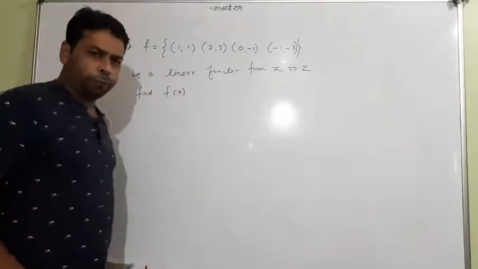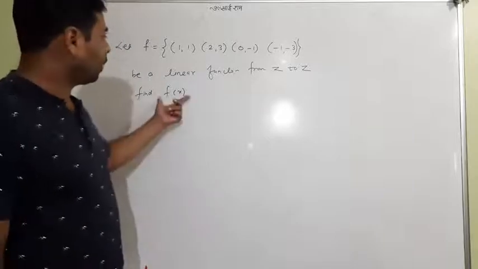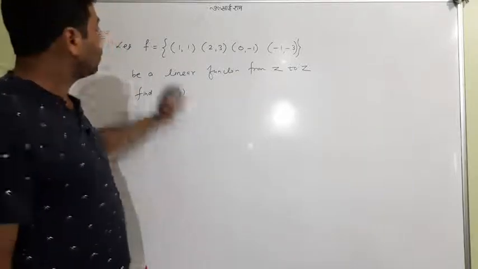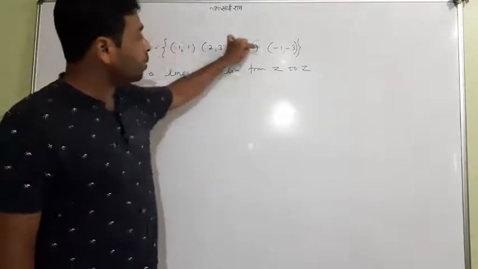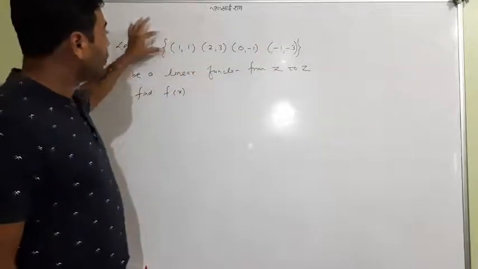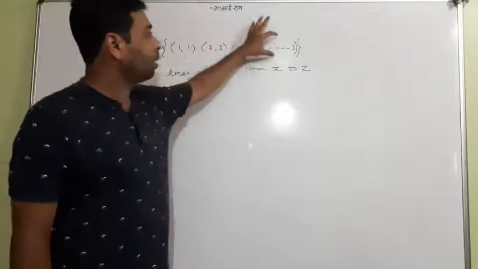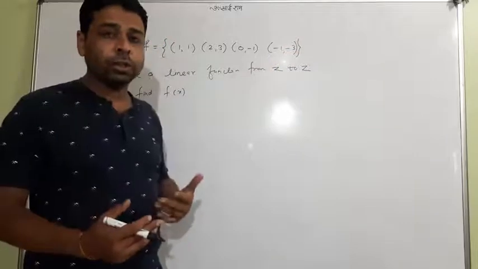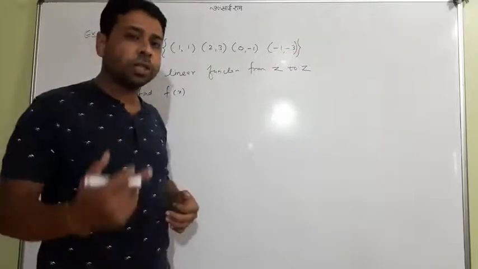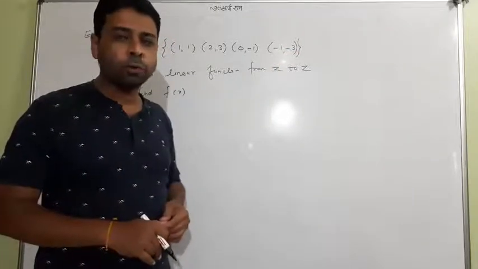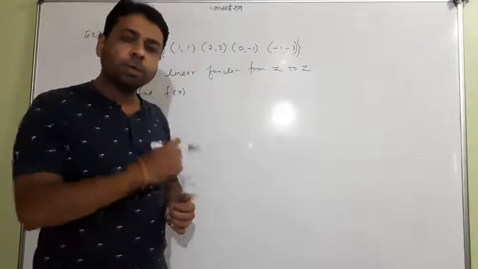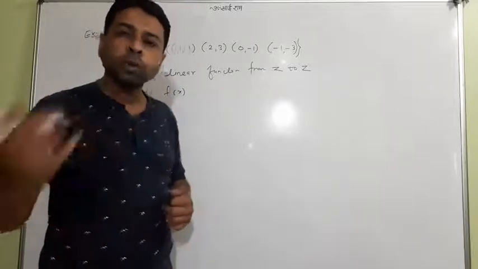If you focus, students, the function is not given, but if you see this particular function, which is actually given as some type of relation, a function is nothing else. It is a special type of relation I already have taught you, where the image of each first element is always unique.